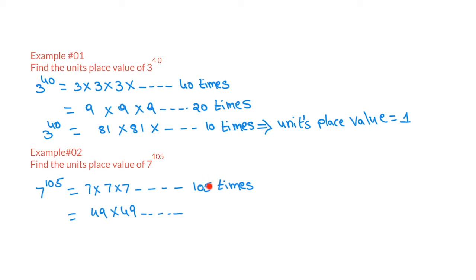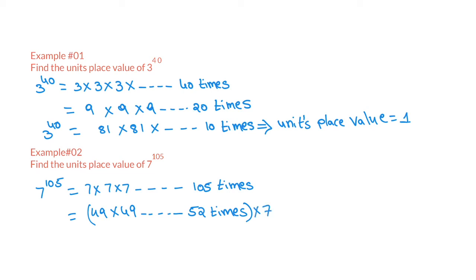Here, this 105 is an odd number, so I'm taking 49 multiplied with 49, multiplied with itself 52 times. Right? So this is nothing but 7 multiplied with itself 104 times. So we have one more 7 in the product.